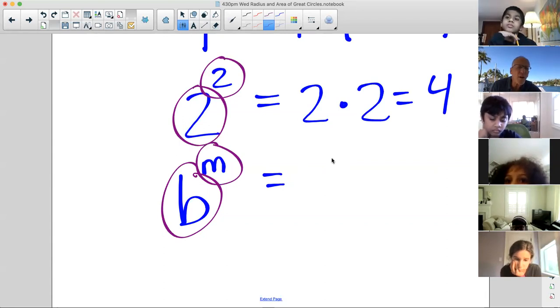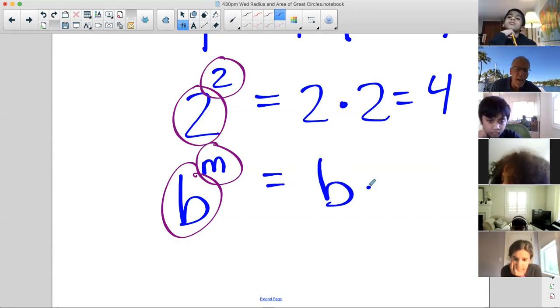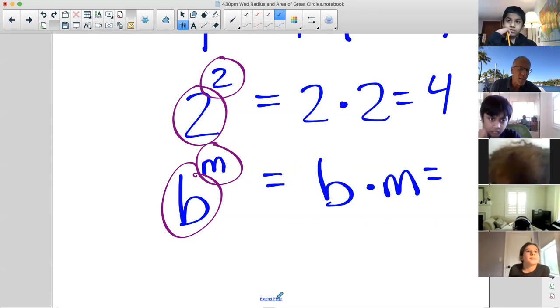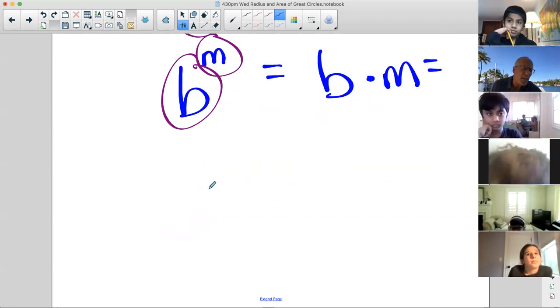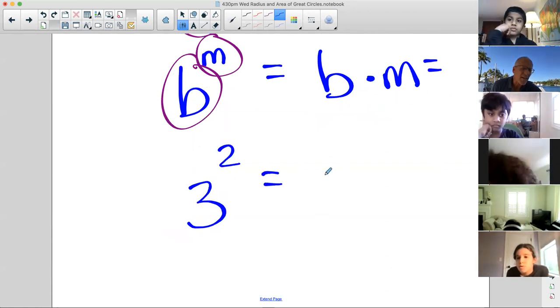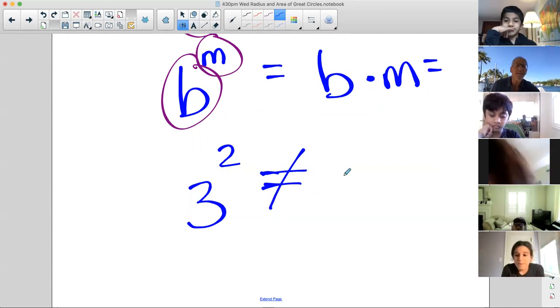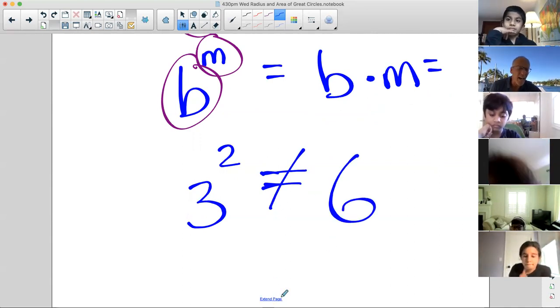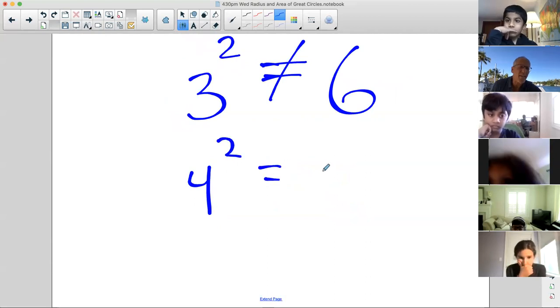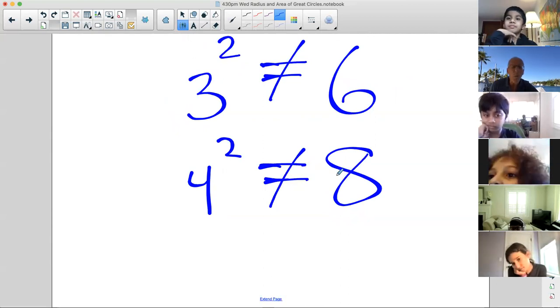Kids always go B times M. Now, it happens to be true with 2 squared. Do you know what kids do next? When they see 3 squared, they say incorrectly, 6. And when they see 4 squared, they incorrectly say 8.